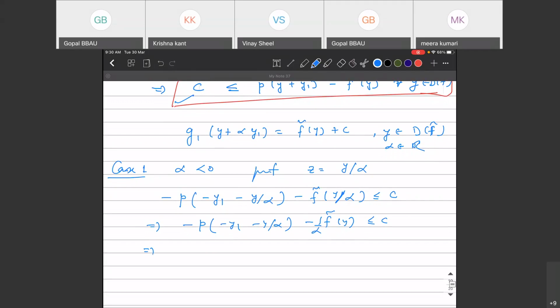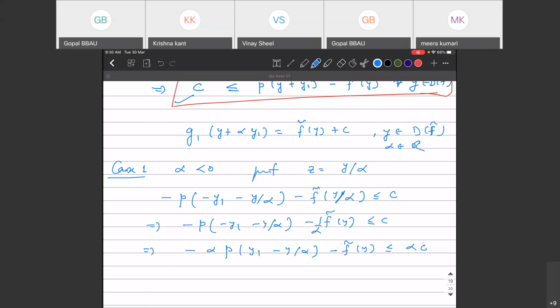So this implies minus alpha p of y1 minus y by alpha minus f tilde y less than or equal to alpha c.